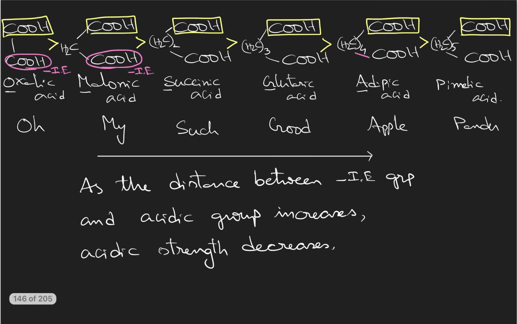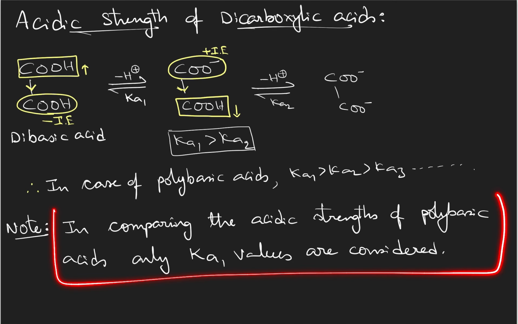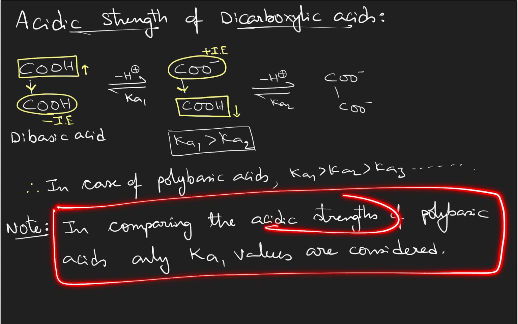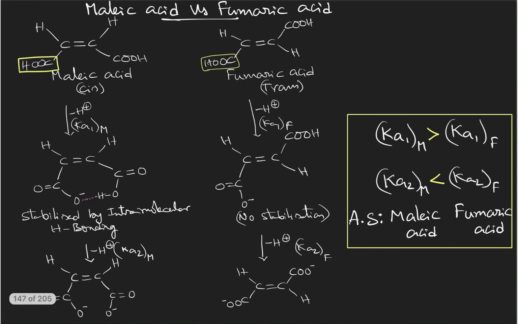Already I have told you one point very clearly: in the case of polybasic acids, the overall acidic strengths of the compounds are decided based upon their Ka1 values only. On this point, we can easily say that malic acid is stronger than fumaric acid. Got it?